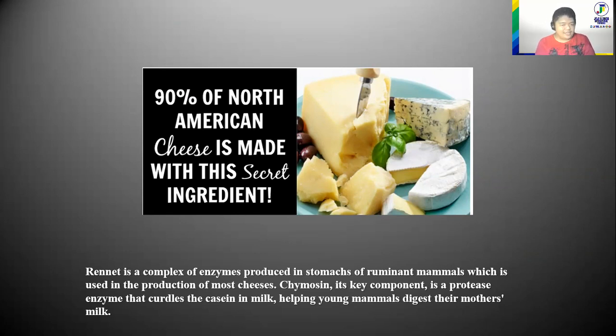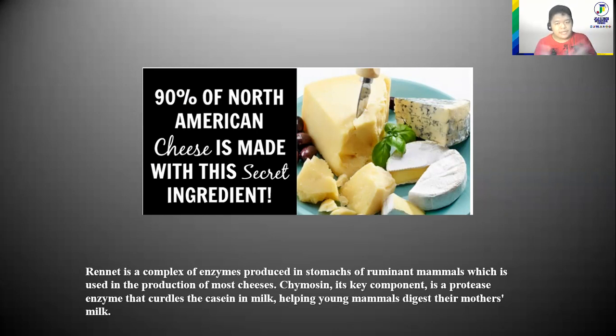Number one is rennet. It's a complex compound of enzymes that are found in most cheeses. One of the key components of rennet is chymosin. It's an enzyme that curdles the casein or the proteins of milk. So with rennet, when you apply rennet to your cheeses, it prevents the curdling of proteins, and you have these very firm pieces of cheese, or sometimes soft.